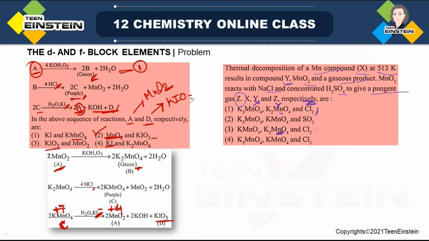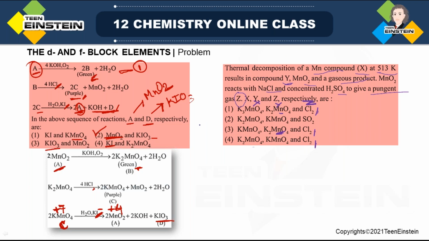But for Z, chlorine is coming thrice and SO2 only once. Now one important feature is given for Z, which is the pungent odor. We know that chlorine has a pungent odor, but SO2 also has the same kind of pungent odor. So just based on this information, it is really difficult to say whether it is chlorine or SO2. So better we focus on X and Y.